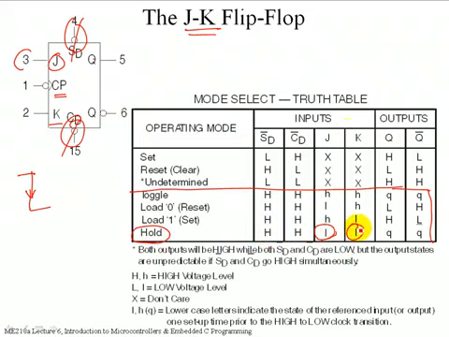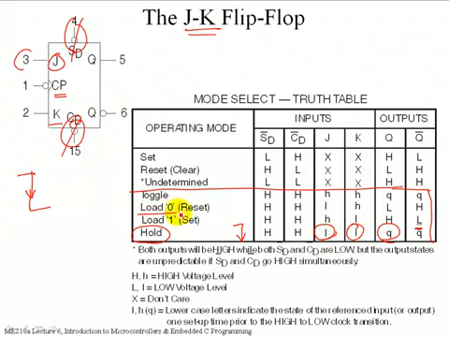When they're both low, and I have a falling edge, because everything happens on falling edges, then it's just going to keep the Q and the Q bar just where they were. So we can't predict what state they're going to be in, because they're just not going to change from whatever they were the last time there was a falling edge and there was something other than 0, 0 on the input.